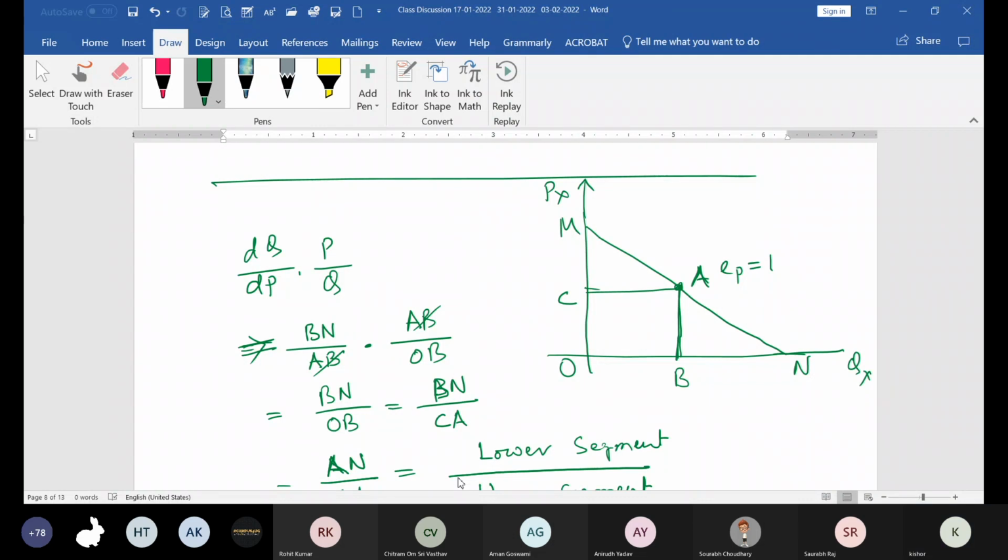Clear or not? Is it clear? Yes. Okay. When it is 1, it is called unitary elastic.